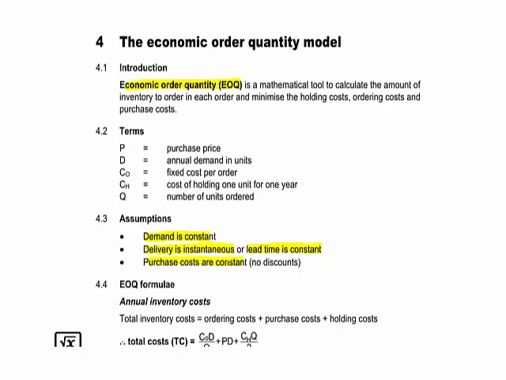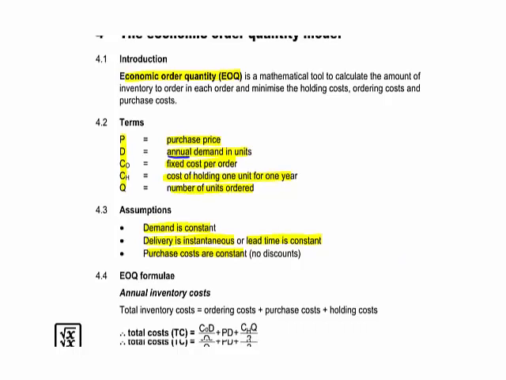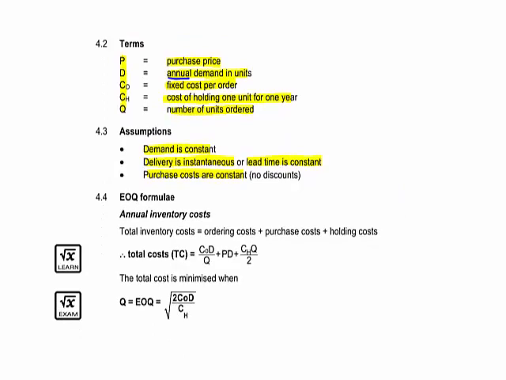And in order to use this formula, you need to know the purchase cost, the annual demand, which is why I said we talk about costs per annum, and we also need to know the fixed cost of an order, the cost of holding 1 unit for a year, and the number of units ordered, and these are denoted by the letters here. And what we've got down here is the EOQ formula.